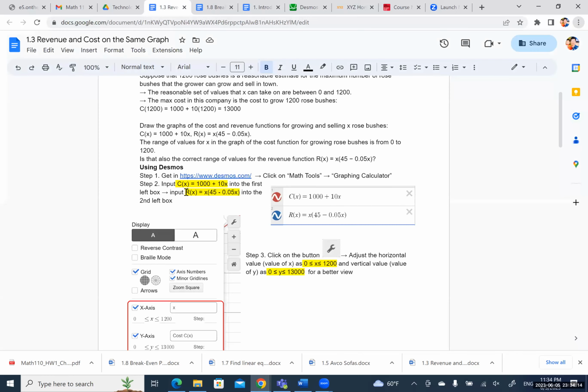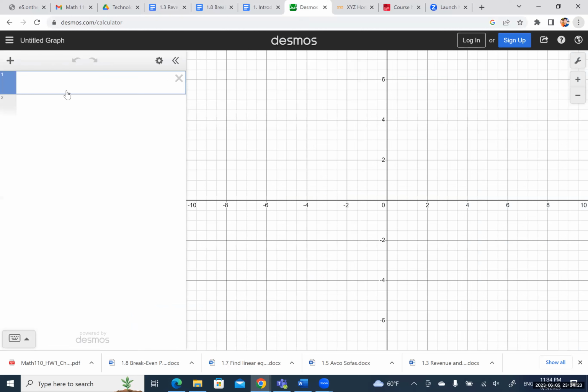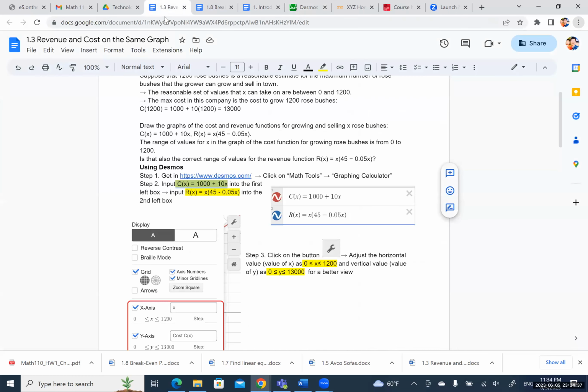Next, you want to input 1000 plus 10x into the first box. And right now, after you input it, you don't see anything yet. So what happened? You need to adjust the range, zooming in or out. You also need to input the revenue, but we will do that later.